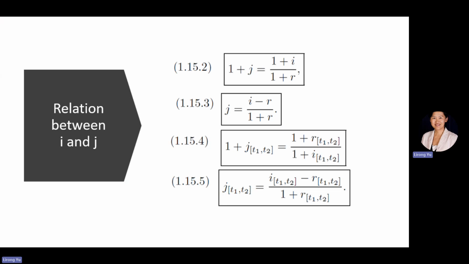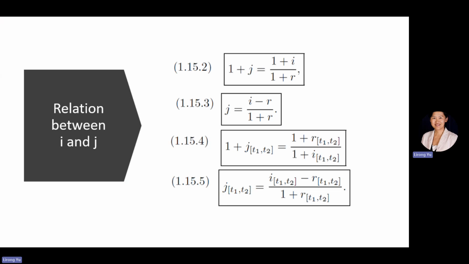Any question? The other two formulas are based on 1 year. But sometimes you have a longer time frame, so it has to go from the initial time to the terminal time. So the other two formulas look the same as the first two, except all the quantities, all the rates, the inflation rate and the interest rate, have to have an attached time frame.